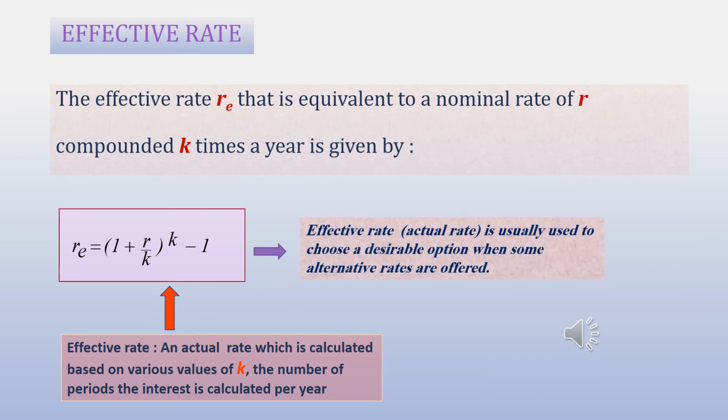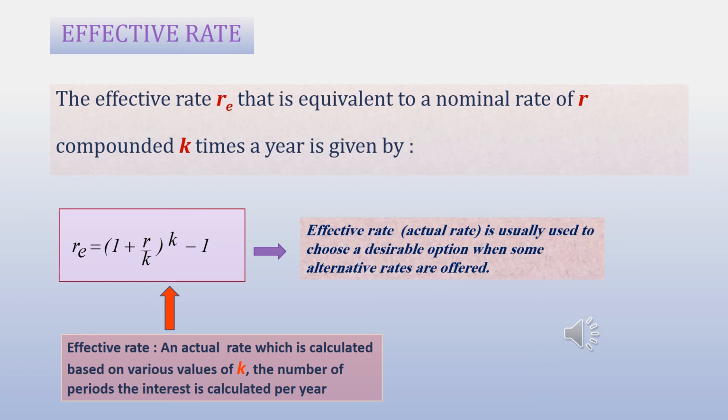Effective rate. The effective rate RE that is equivalent to a nominal rate of R compounded K times a year is given by RE is equal to 1 plus R over K to the degree of K, minus 1. What is the effective rate? The effective rate is an actual rate which is calculated based on various values of k, which is the number of periods the interest is calculated per year.